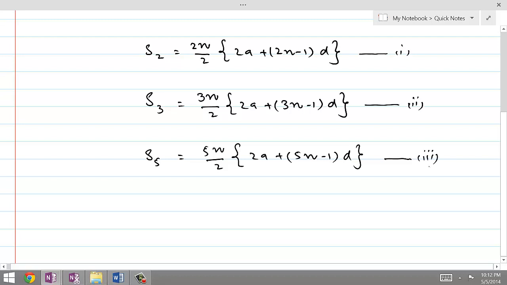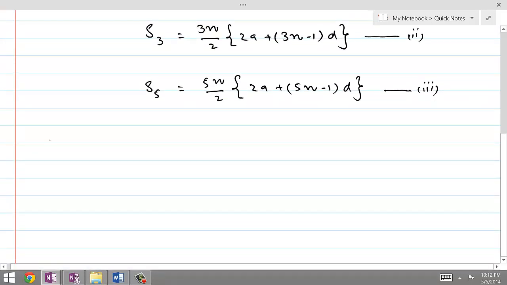By the given condition, the right hand side is equal to 5 times S3 minus S2. Therefore, we will subtract 1 from 2.